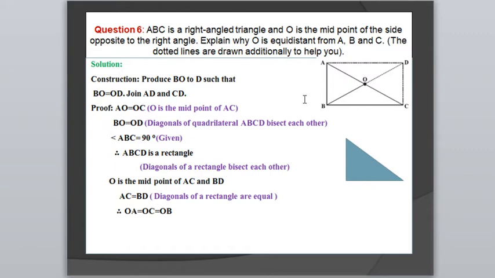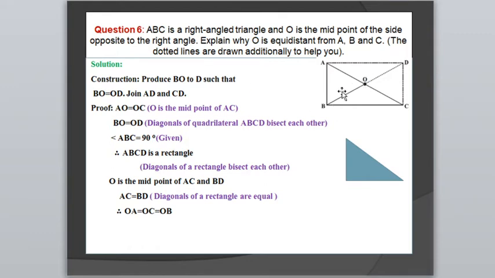Now we have to prove it. Here AO is equal to OC, because O is the midpoint of AC, as already given in the question. This is the midpoint of the side opposite to the right angle and it is on line AC. So if it is the midpoint of AC, then OA and OC are equidistant from each other, which means OA is equal to OC.